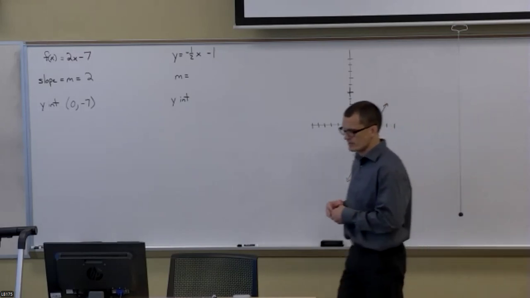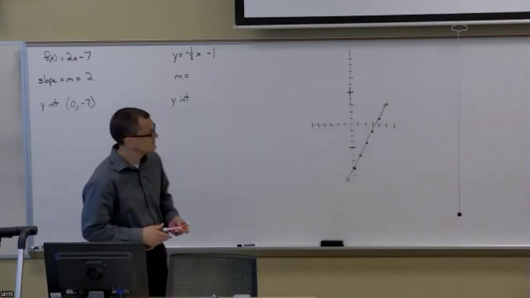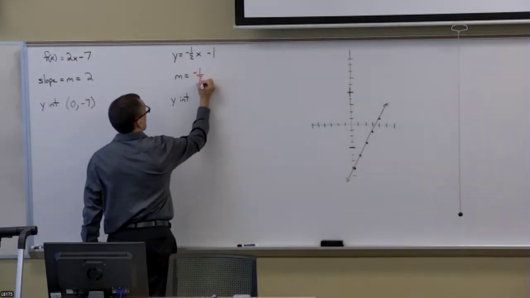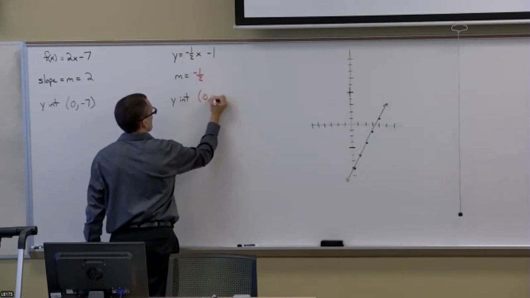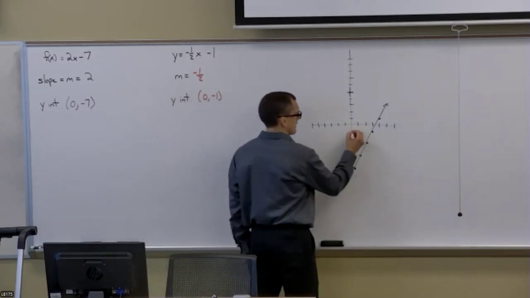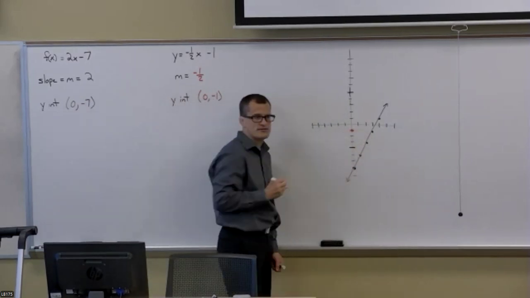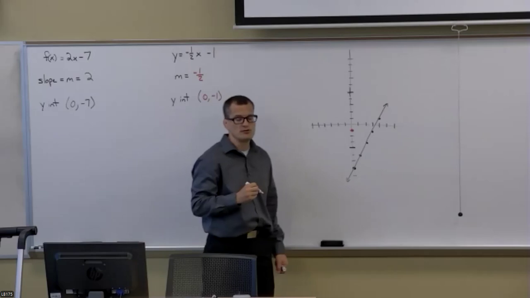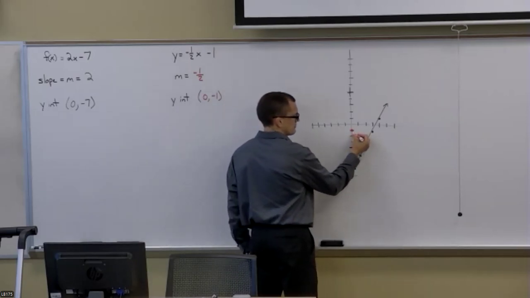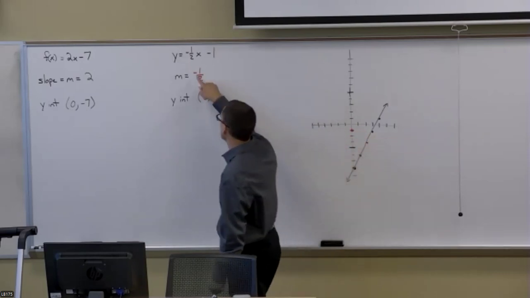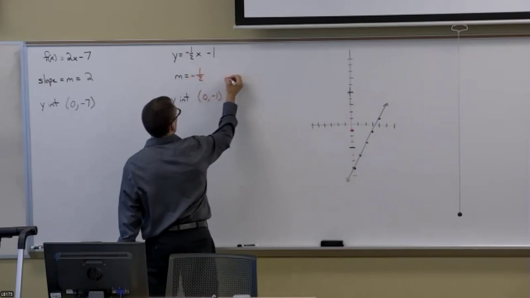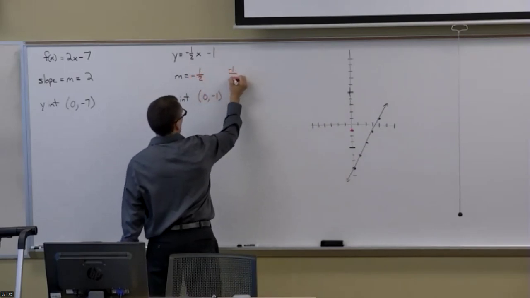Okay, I'll do the next one in a different color. Slope here is -1/2. Y-intercept is (0, -1). So I go to (0, -1), put a point, and then use that slope. I think of it as change in y over change in x. So when you get a negative number like -1/2, think of it as -1 over a +2.